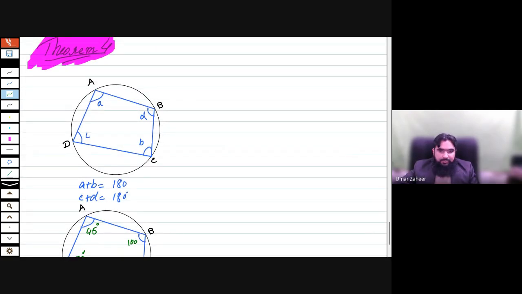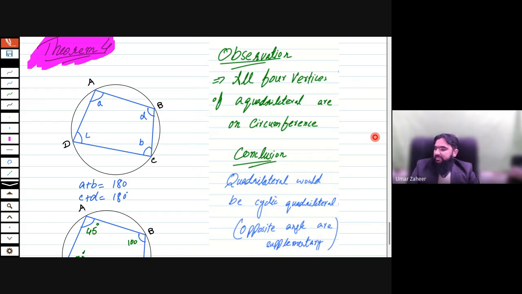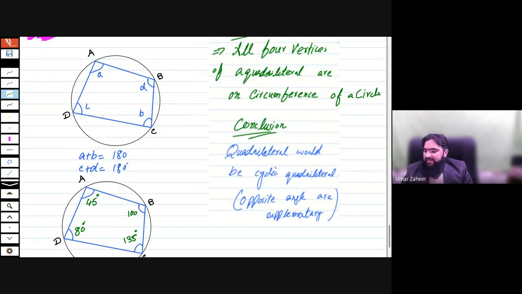So let's go for the observations. The observation is: if all the vertices of a quadrilateral are on the circumference of a circle, then we can conclude that the quadrilateral would be cyclic.